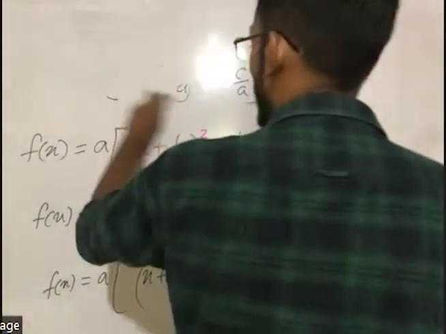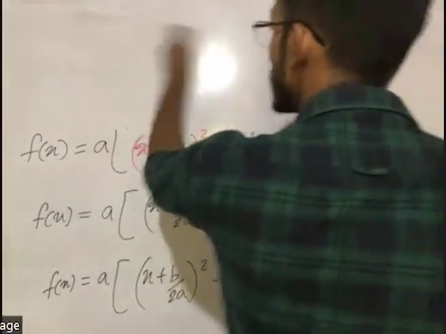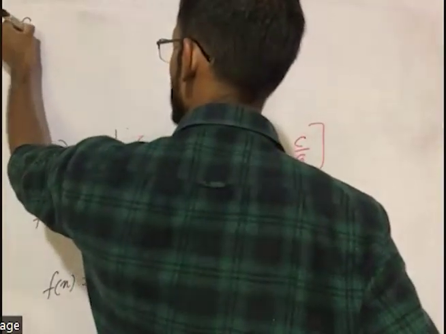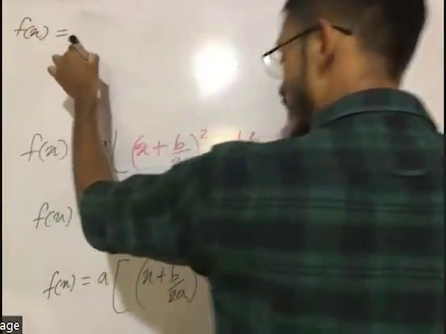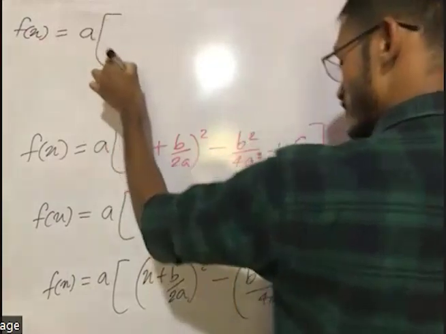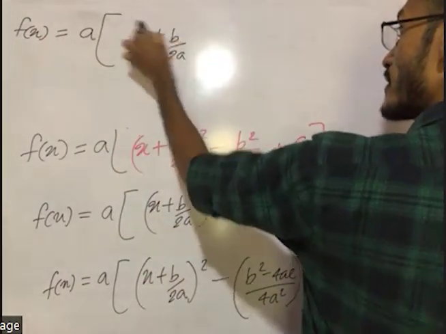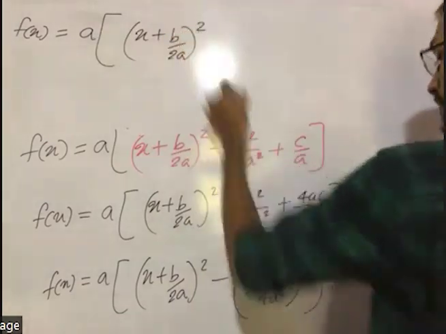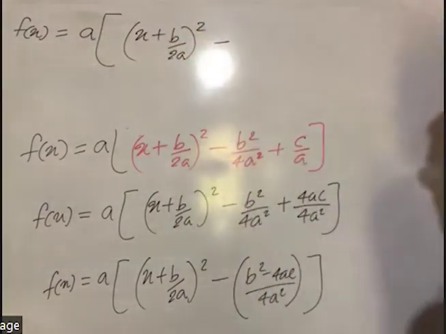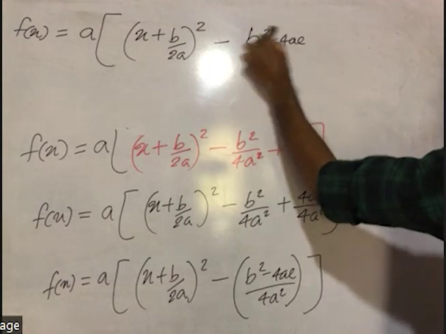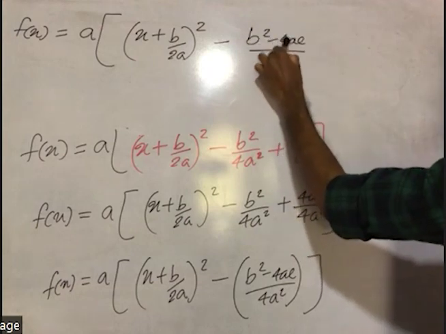So here we have f(x) equal to a into x plus b over 2a whole thing square minus b square minus 4ac over 4a square.